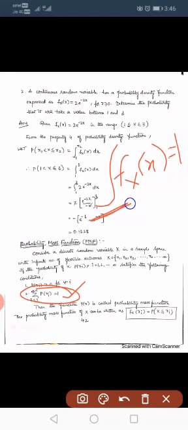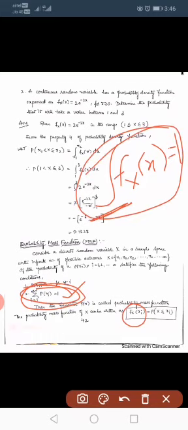This one is called the distribution function. So probability mass function and density function are both the same, but the mass function is defined for a discrete random variable and the density function for a continuous random variable. Okay, so thank you for listening to the class.